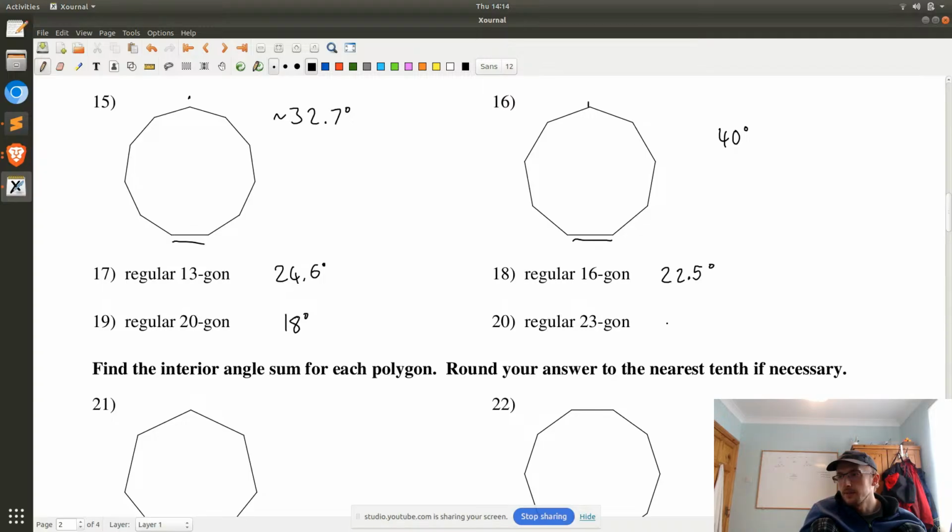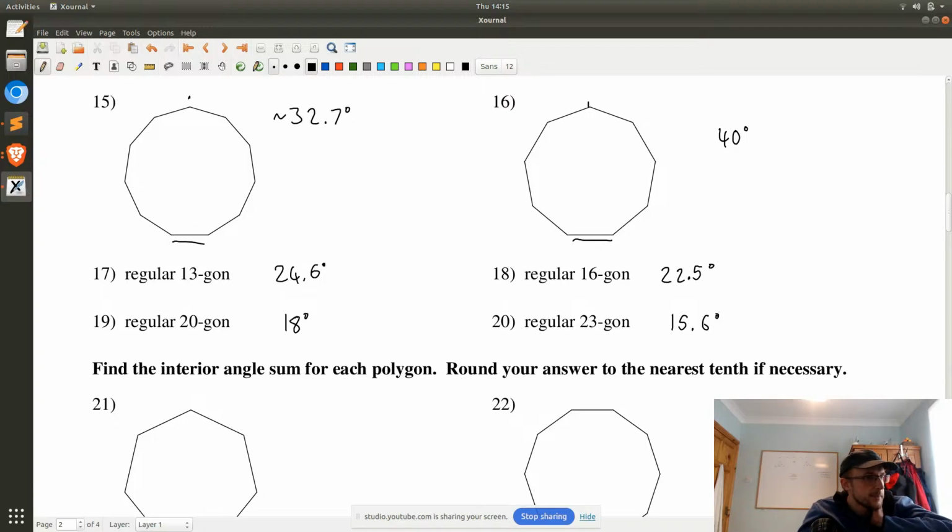That's 100 and, no, it's not. 360 divided by 23 is 15 point 6.